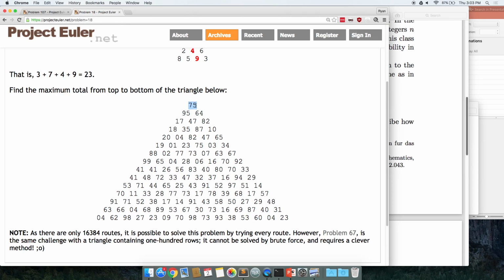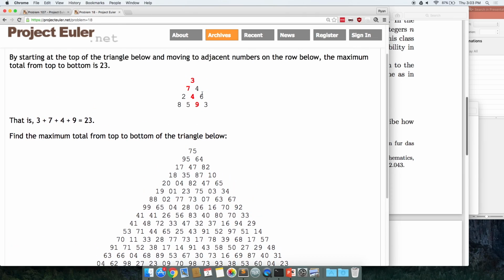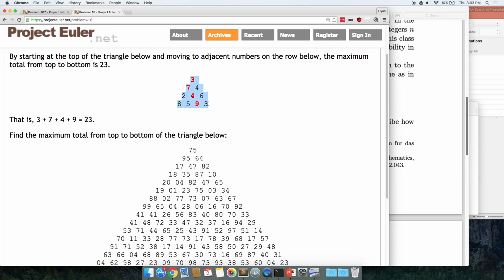What I want you to do is, like in this really small triangle, what they highlighted is the path from the top number descending down in such a way that the sum along the path is maximal. Okay?